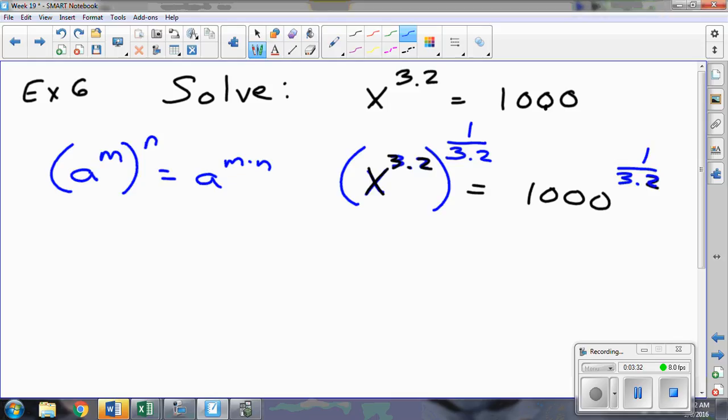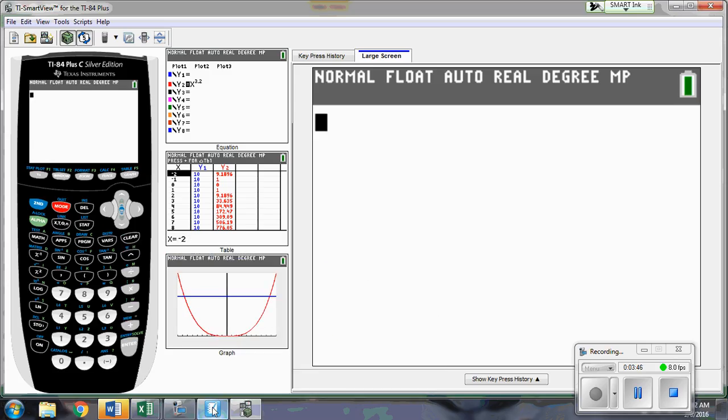Then we would also know those exponents essentially cancel, giving us just x equals blob, and this is the thing we'll type into our calculator. So we'll come and you say 1,000 to the 1 over 3.2 exponent.